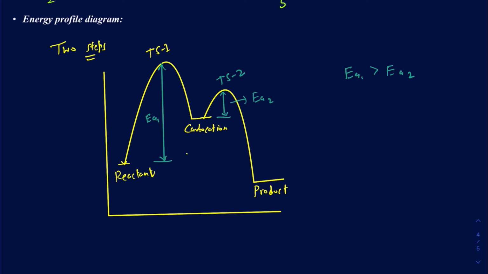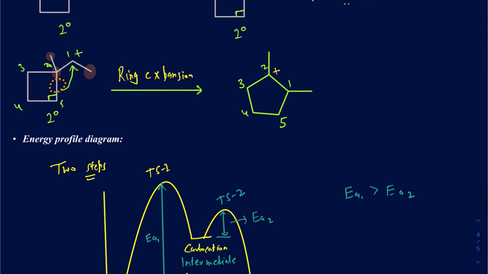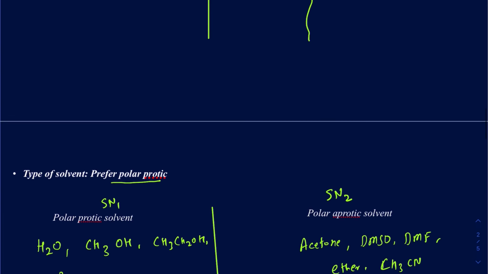Your carbocation or your intermediate is always going to be one less than the number of steps. In this case, you have two steps, so I'm going to be making one intermediate, and that will happen to be the carbocation for our case. So this is the overall representation of these SN1 mechanisms.